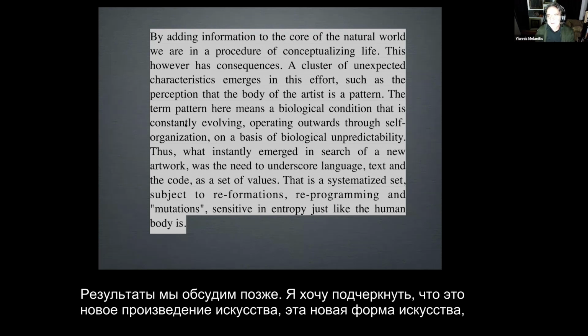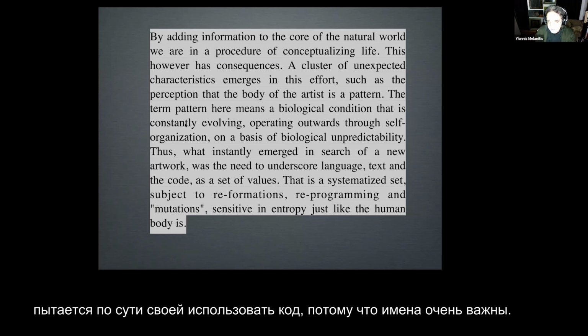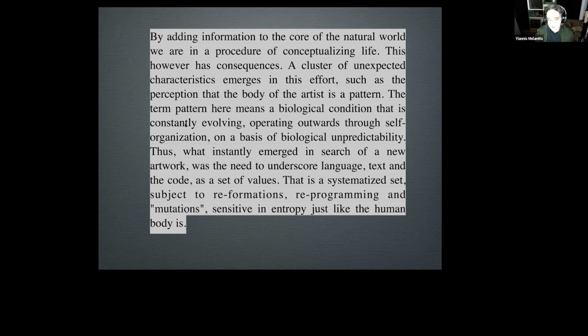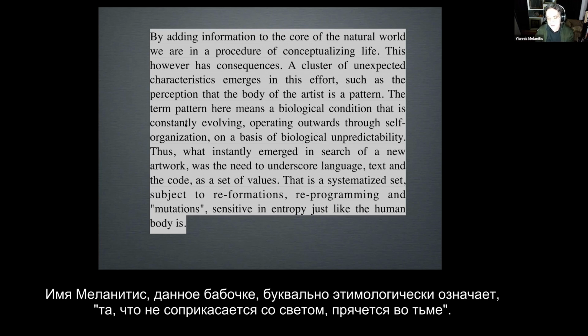And what I want to emphasize is that this new artwork, this new art form, let's say, tries basically to use code, but because of a purpose, because the names are really important. The name Melanitis that Linnaeus gave to the butterfly means literally, etymologically, the one that does not have so much contact with light, is hiding a little in the dark.